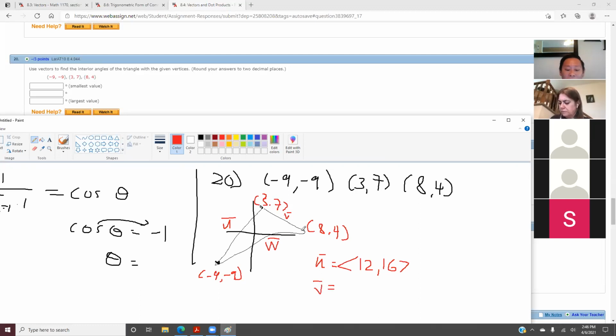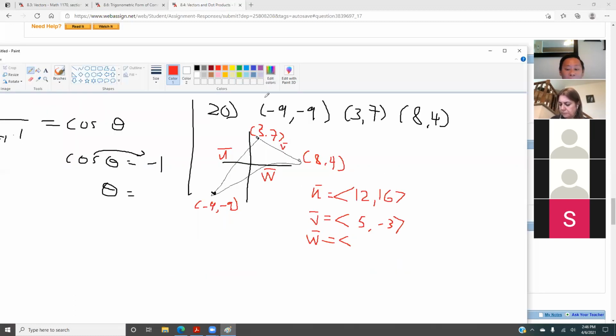And then you find the vector v. Same thing as what you just did. So 5 and -3. And then vector w. So draw the picture. I would really suggest you draw it before you start. Which way is it going, down or up?